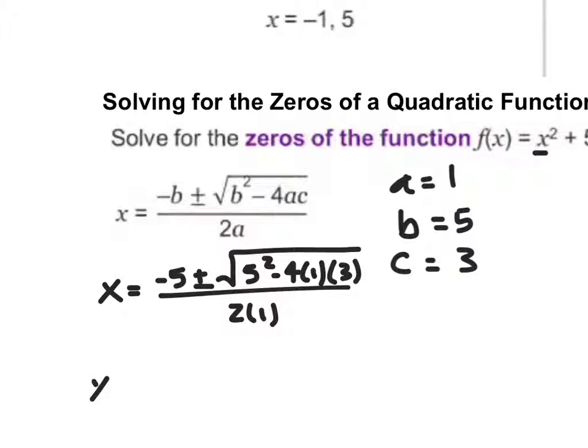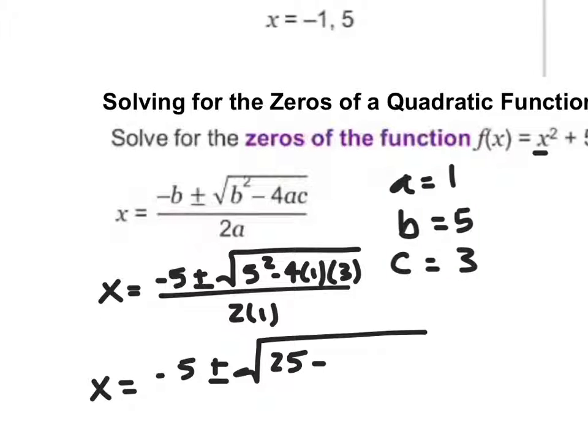So x is equal to, let's do the math underneath our square root first. That's the first step we want to do. So I'm going to do negative 5 plus or minus the square root of 5 squared, which is going to give me 25, minus 4 times 1 is 4, times 3 is 12.